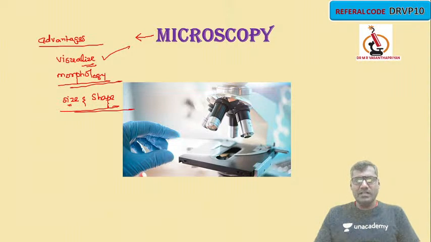Depending on the size and the shape, some viruses have to be demonstrated or identified specifically. So we take advantage of microscopy for viral diagnosis through morphological assessment of size and shape. There is one more advantage: because the size and shape are demonstrated, we can even count the number of viruses.